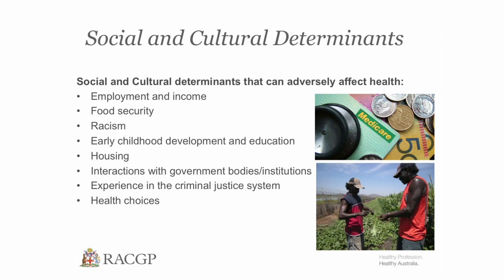As GPs, that won't be news to you, but it's really important in doing good Aboriginal and Torres Strait Islander health that we understand those and take them into account.